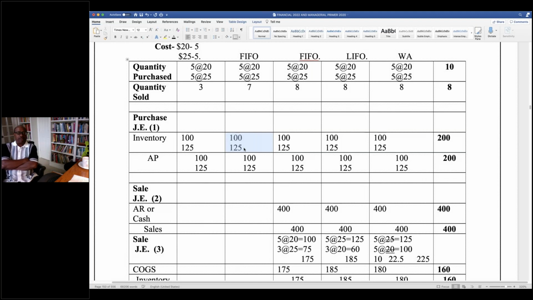Notice your purchase journal entry does not change. If we're purchasing 10, we're just selling 3. So the purchase journal entry doesn't change in either case.